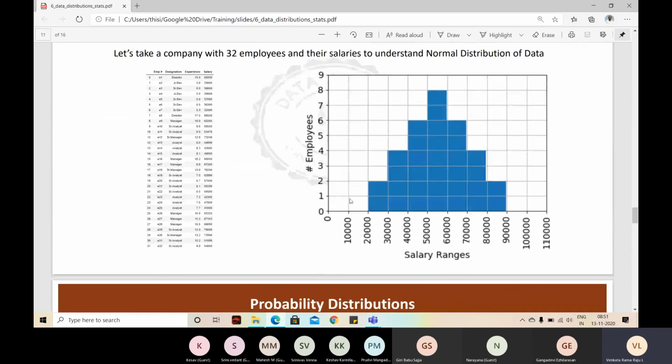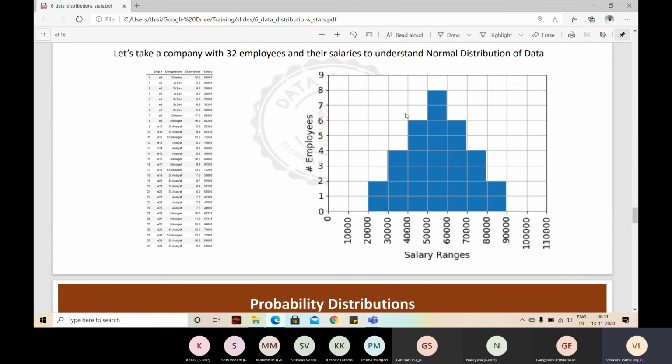There are no people getting 10,000 to 20,000 salary. From 20,000 to 30,000, how many? From 30,000 to 40,000, how many? I filtered the data and counted the values, and there is code there. I will show that.